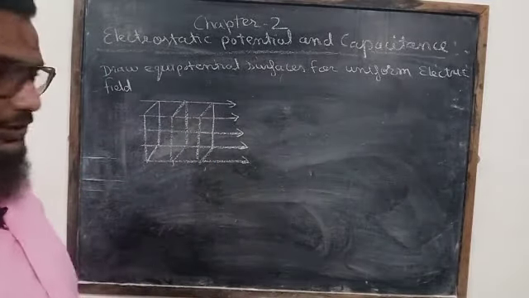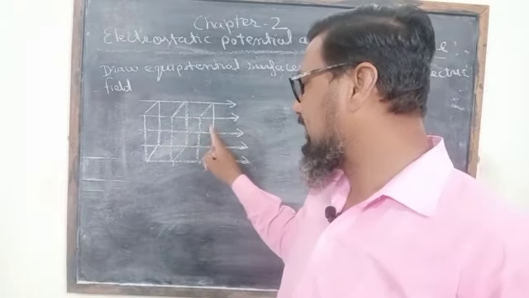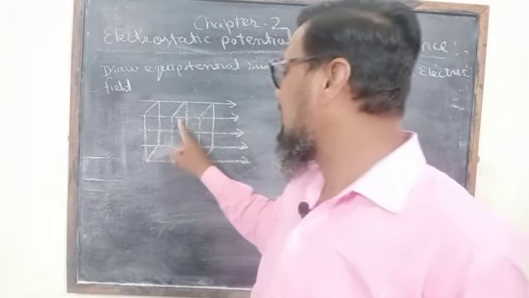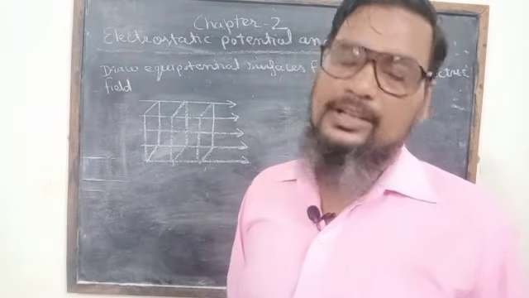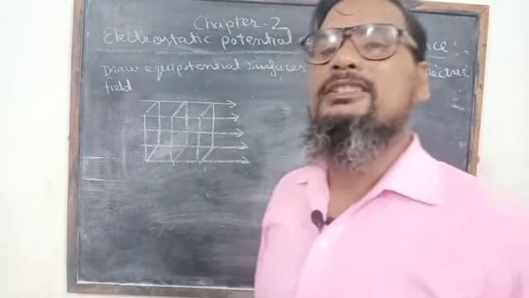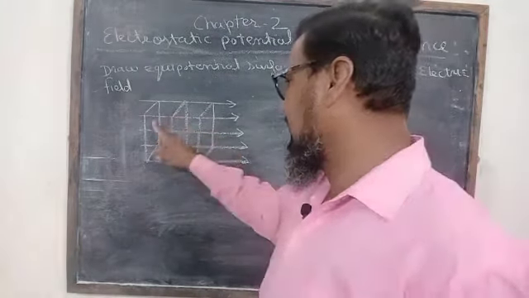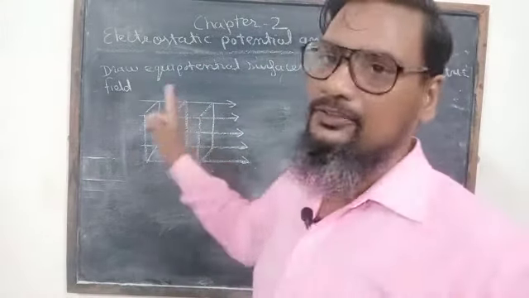The equipotential surfaces are also parallel to one another, and the spacing between them also remains the same. So this is the pattern of equipotential surfaces for the case of a uniform electric field.